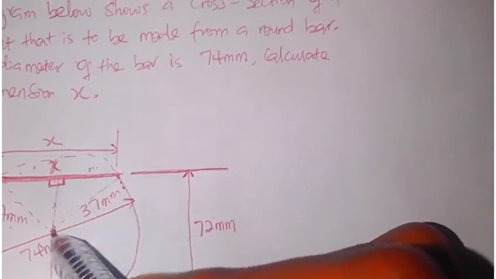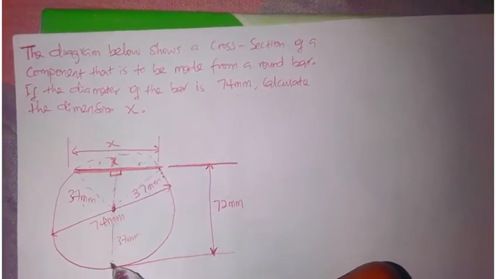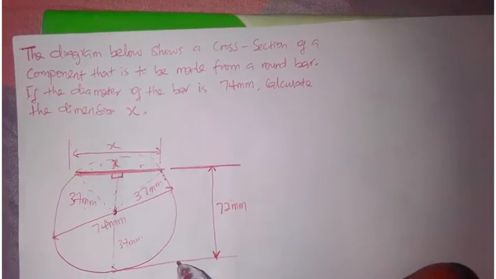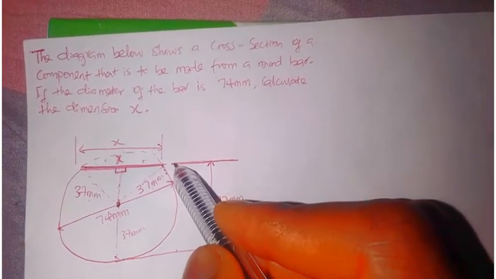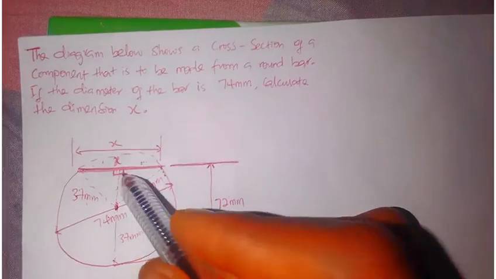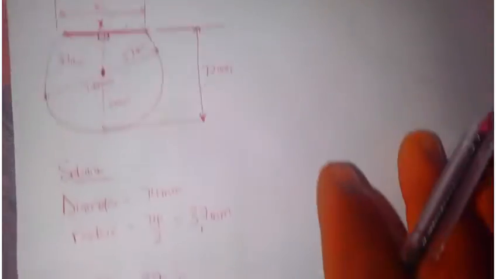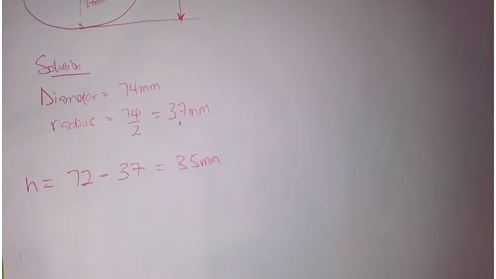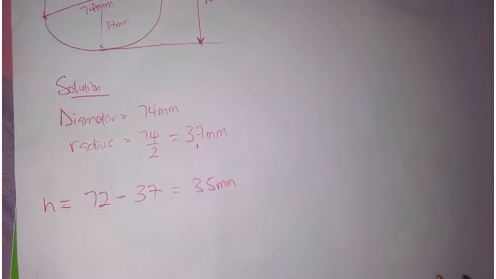From here to here is 37. From here to this end is 72. From here to here becomes 72 minus 37, which leaves me with 35 millimeters. So I've gotten my height already.